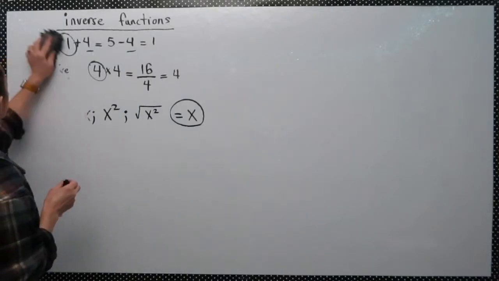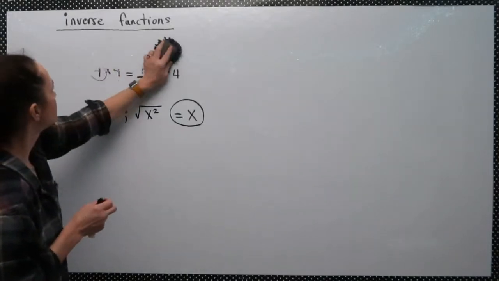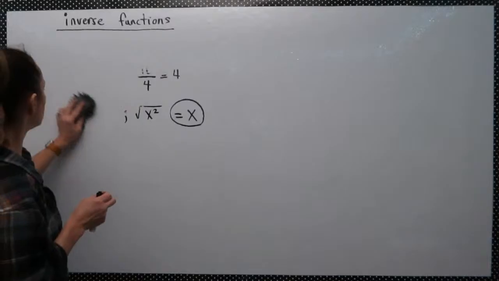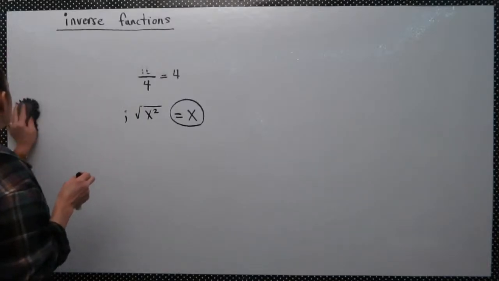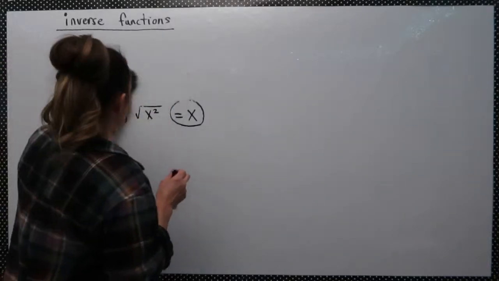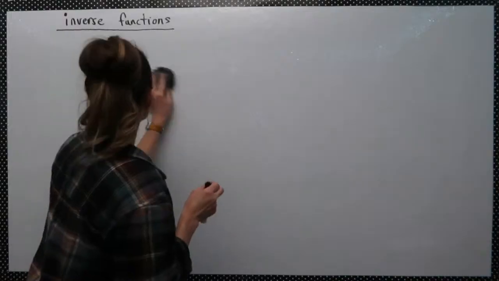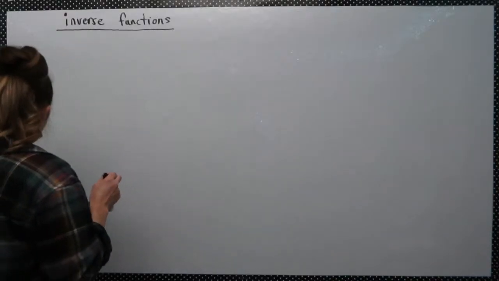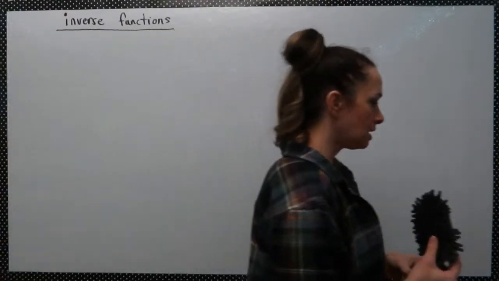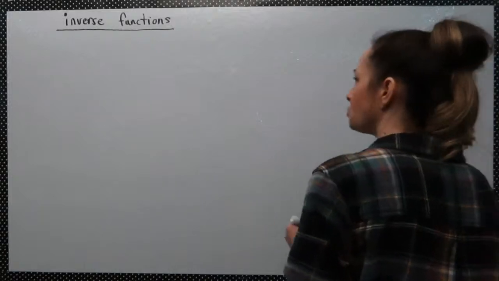Not every function is going to have an inverse. We're talking about a relation, which is just a set of ordered pairs. You can have a pictorial representation of it, but you'll notice that some relations are functions.